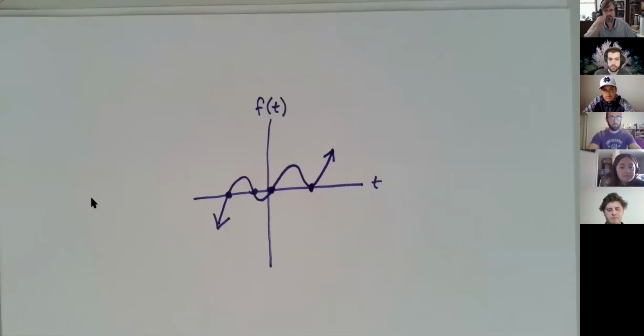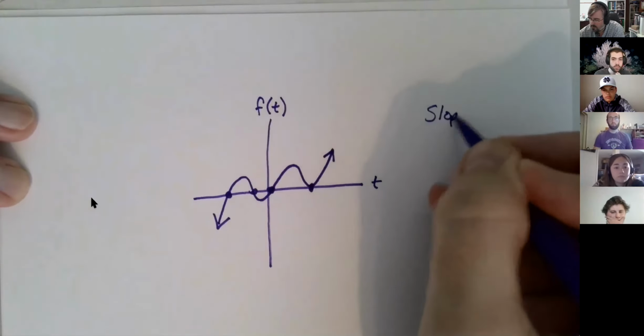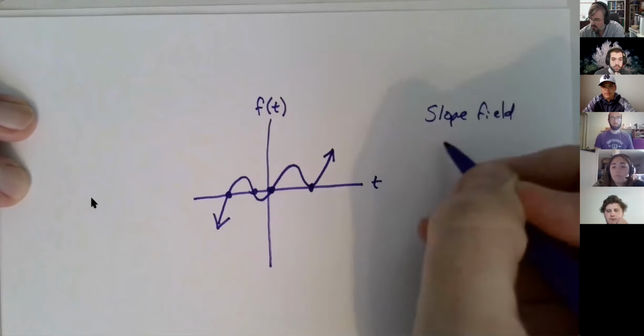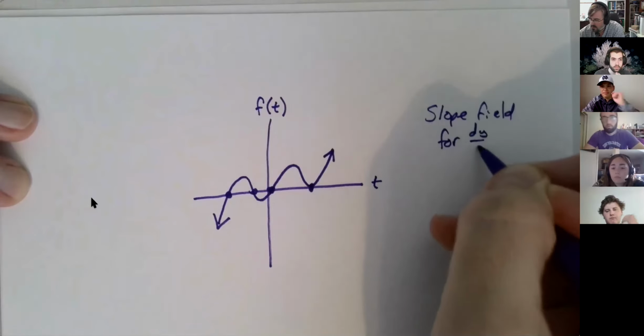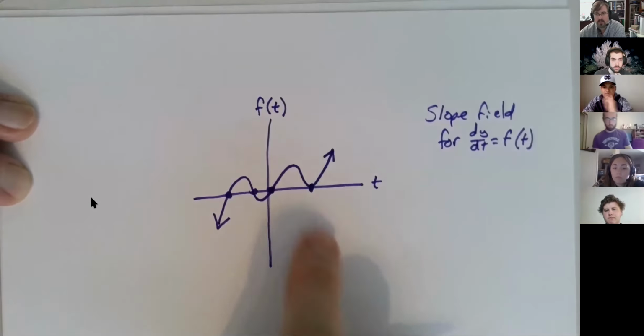Okay, I'm going to share my screen so you can see this. And I want to make sure everybody's clear on what I'm showing you. So what I want you to do is make me a slope field for dy dt equals f of t, as shown in this graph right here.